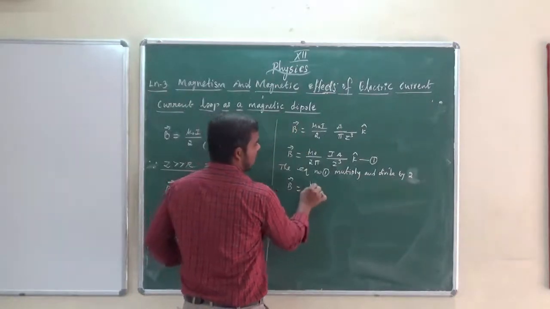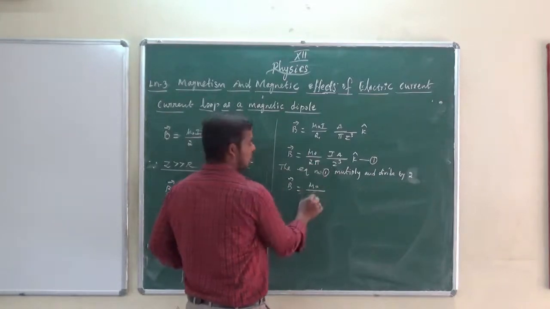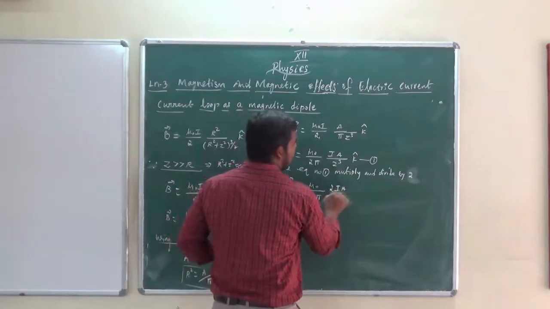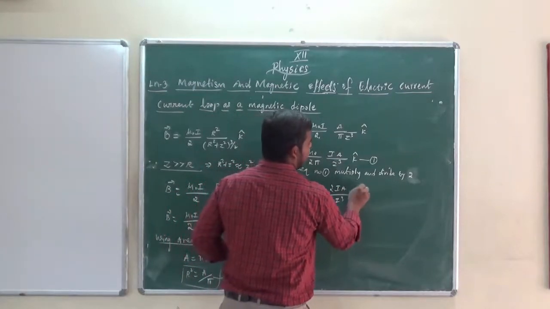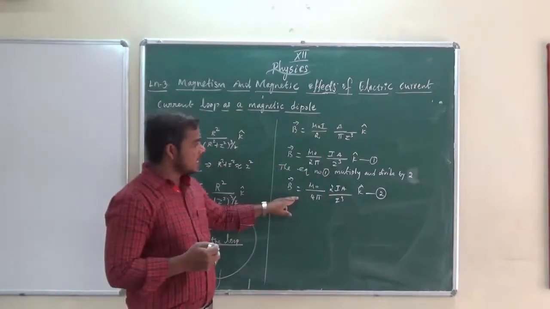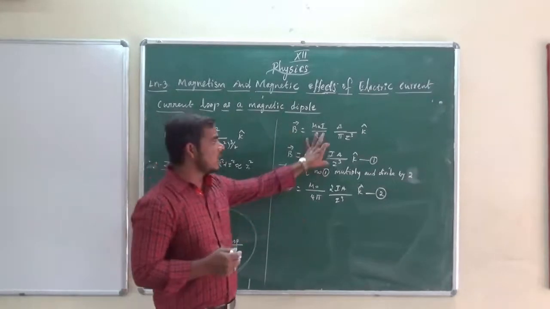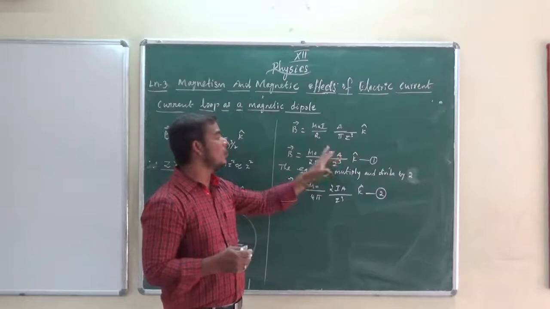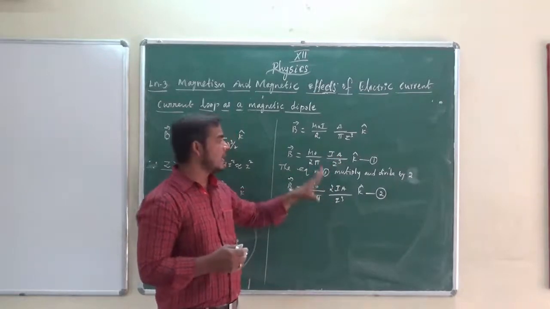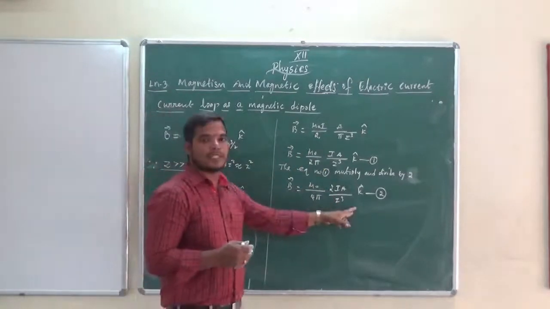B vector equals mu naught divided by, if you multiply 2 pi into 2, 4 pi, isn't it? Am I correct? Then 2 into IA divided by Z cube, into K cap. This is equation number 2. Both equations are the same. In equation number 1, I didn't multiply and divide by 2, but in equation number 2, I multiplied and divided equation number 1 by 2. That's why this equation is applied.